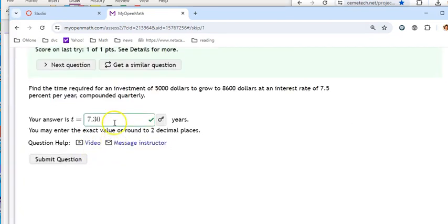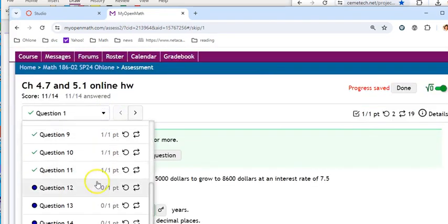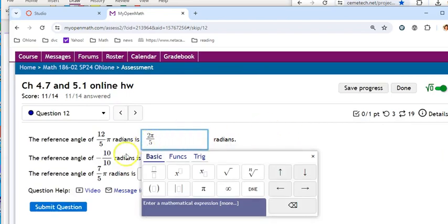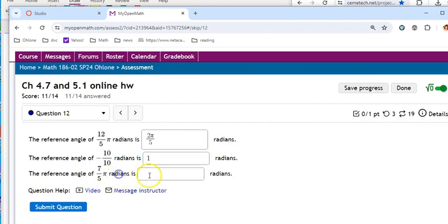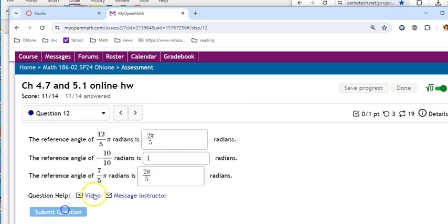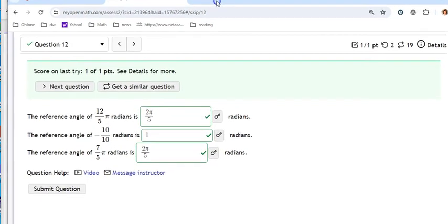Resume. Maybe I clicked something wrong. Well, 2 pi over 5. 2 pi over 5. I think this is 1. I don't know if it's a typo. This is also 2 pi over 5. Okay, that's good.